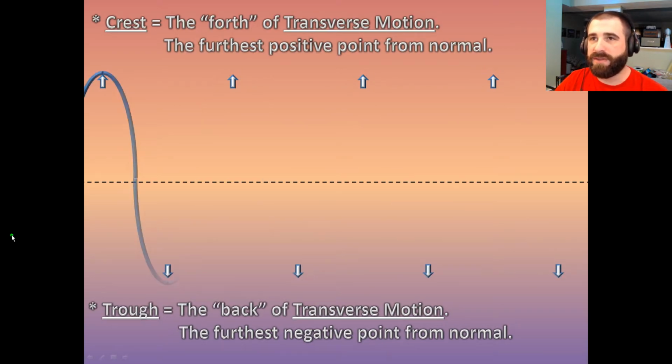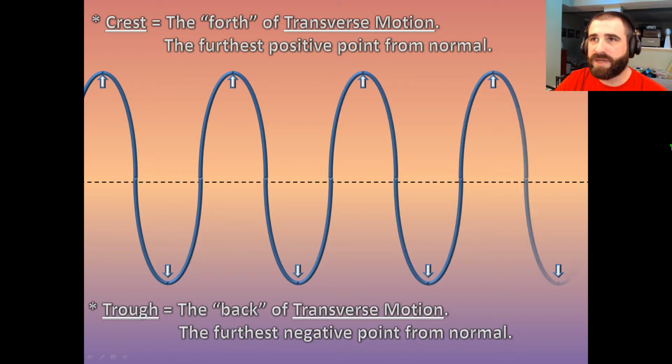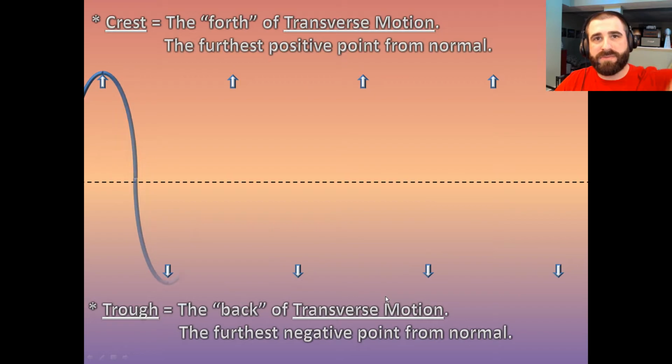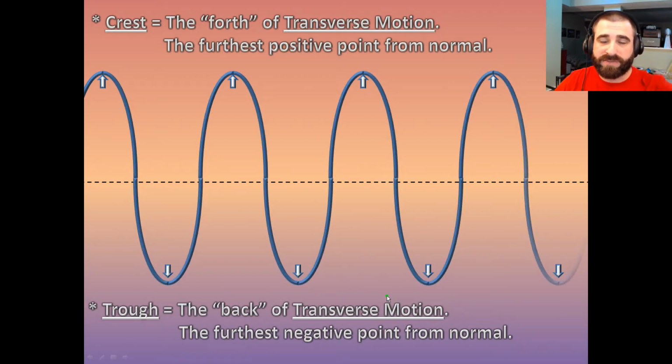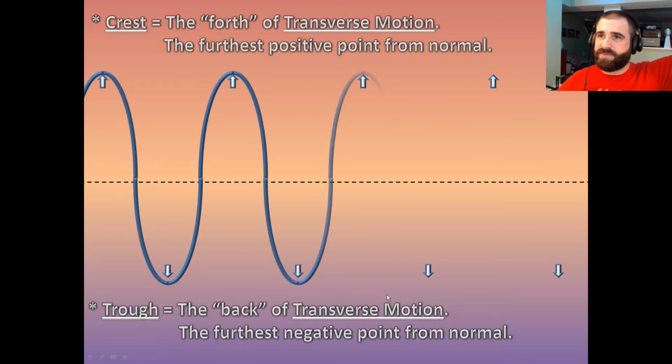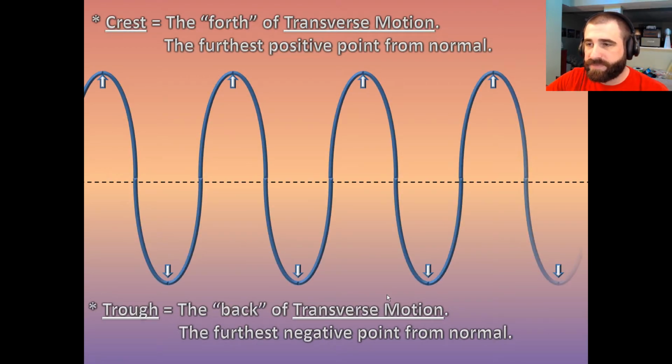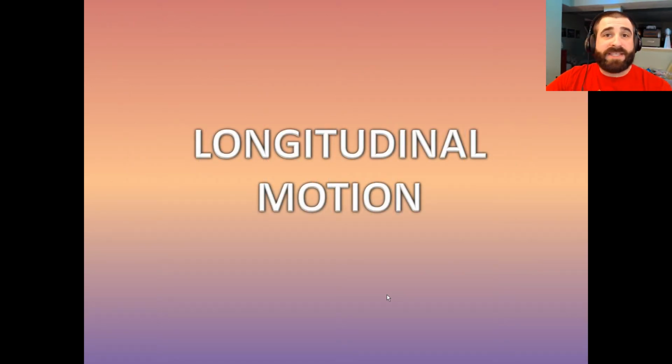And again, those are all the little bottom parts there. So with transverse motion, you've got crests and troughs, labeling the maximum and minimum of the oscillation. They're the furthest away from the normal that you can get. And that's it for transverse motion. That's all it is: oscillate perpendicular to the propagation.